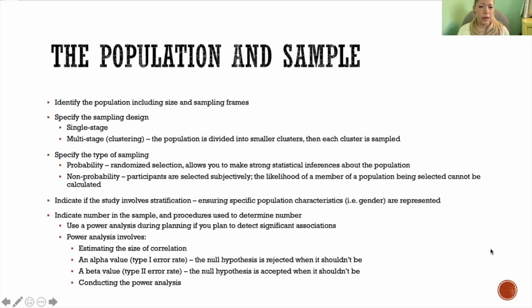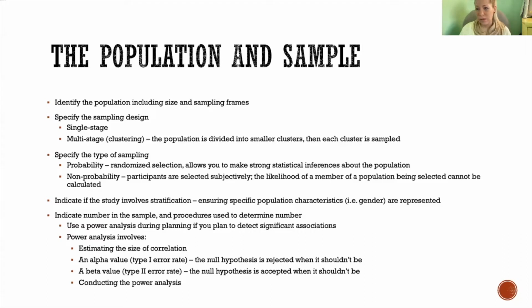So you need to identify the population that you are going to survey, and that includes the size and the sampling frame. So like the population, for example, could be patients with breast cancer. So that's a broad population that includes people around the world, but your sampling frame would be the members of that population that you actually have access to and are potentially going to sample.